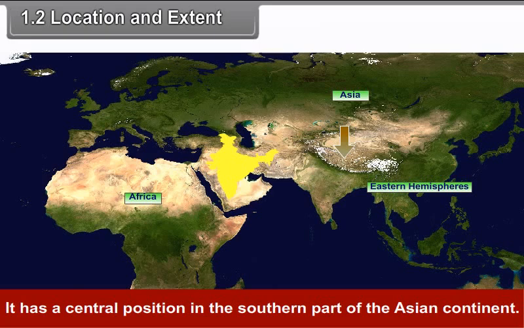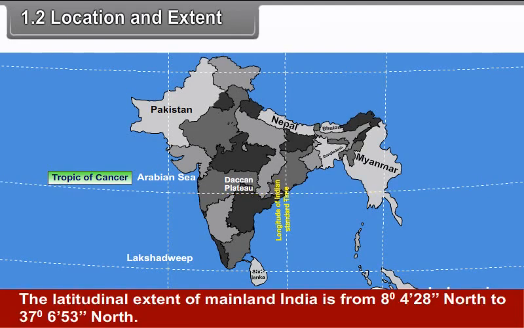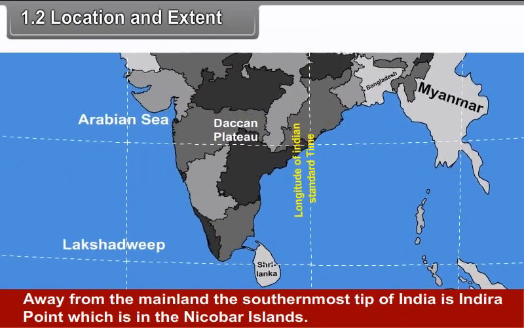Location and extent. India lies in the northern and eastern hemispheres. It has a central position in the southern part of the ancient continent. The Tropic of Cancer passes through the central part of India. The latitudinal extent of mainland India is from 8 degrees 4 minutes 28 seconds north to 37 degrees 6 minutes 53 seconds north.